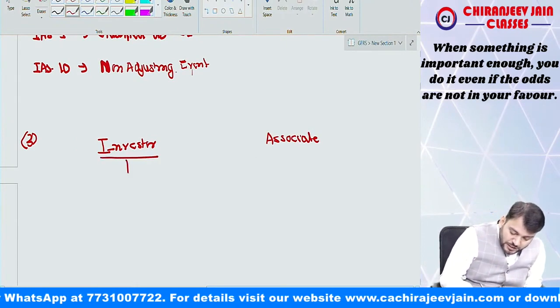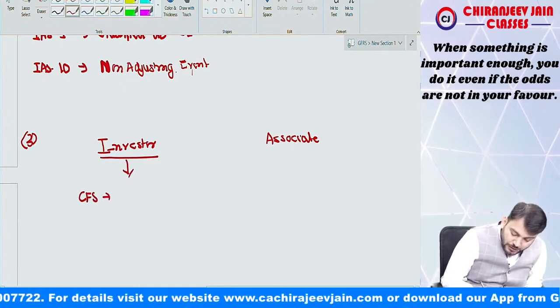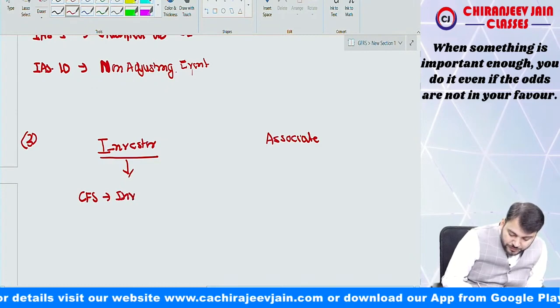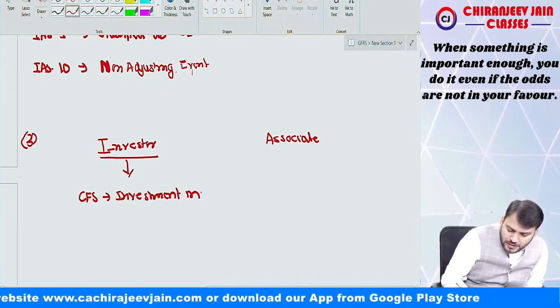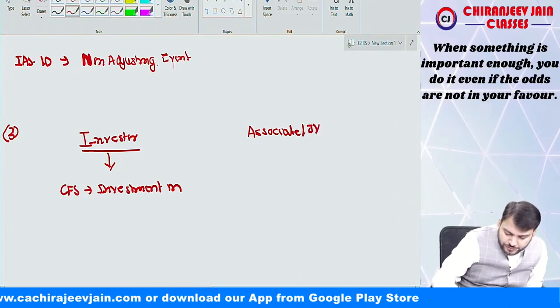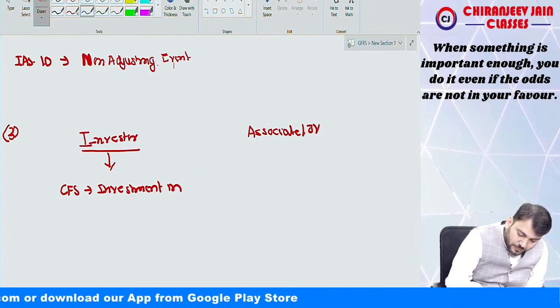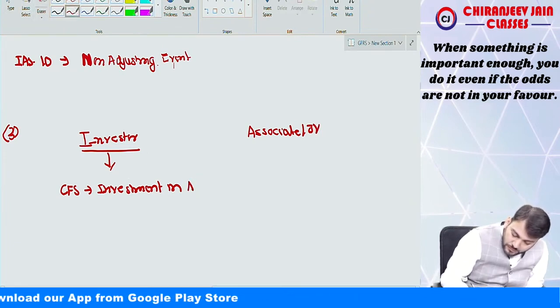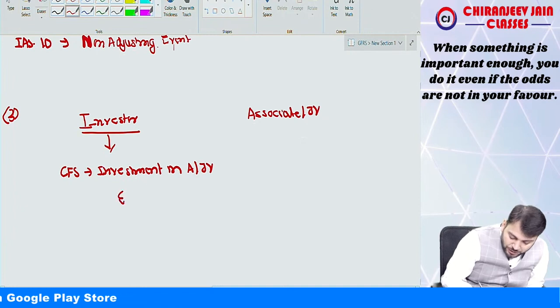So can I say the investor will prepare CFS, and in this CFS the investment in associate or joint venture will be accounted by using which method?